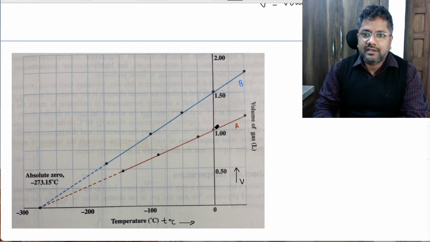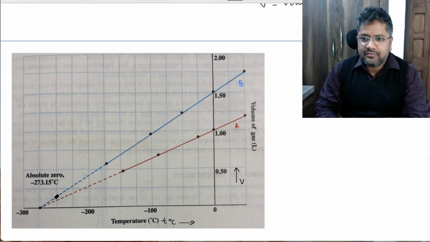For sample A, the volume is 1 liter, and it is cooled. This is 0 degree Celsius. Now on this side the temperature goes down. On cooling, the volume shrinks, and finally, we extrapolate this graph, not necessarily doing the experiment.